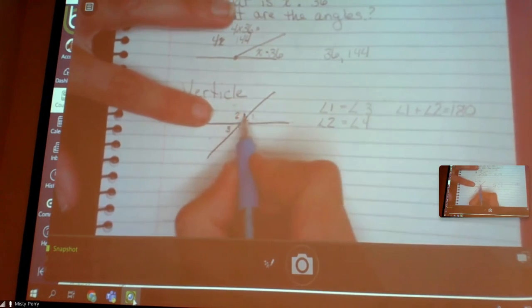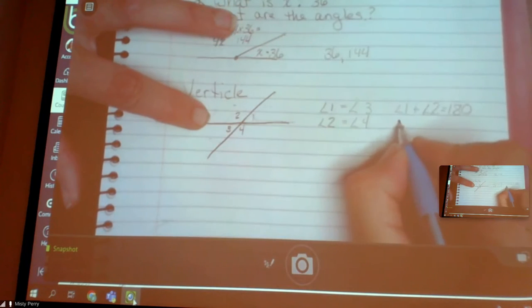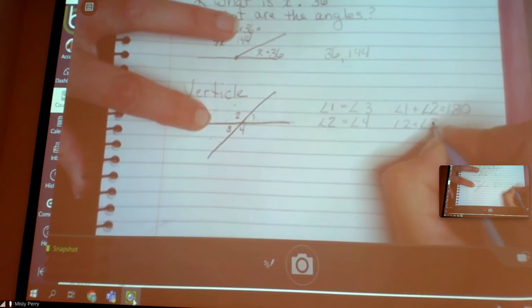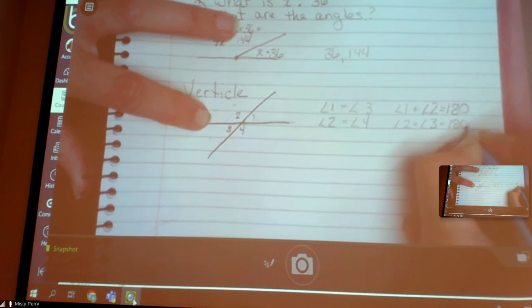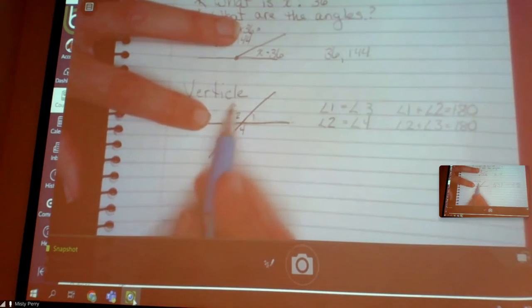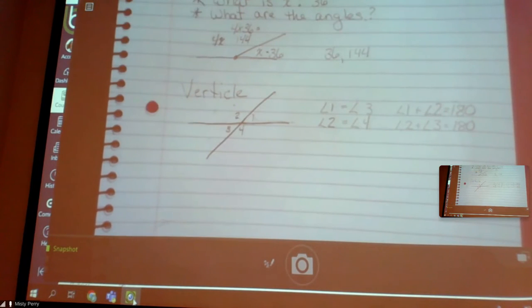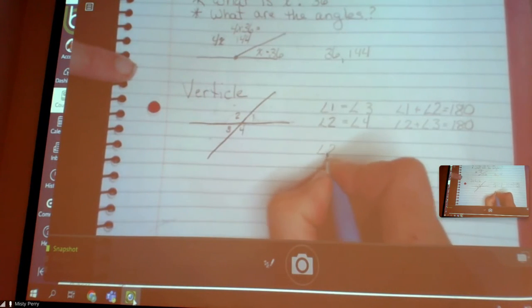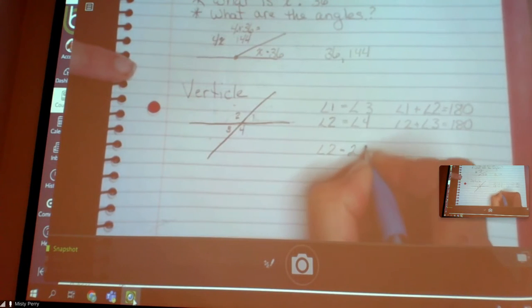So all of these that are adjacent, angle 2 plus angle 3, 180. Okay? All of these that are adjacent going around the circle will equal 180. So this tells me that angle 2 equals 25.